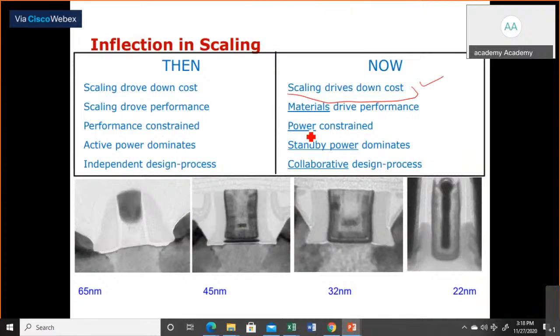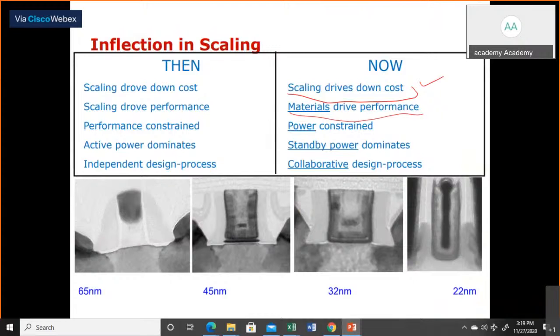Now different kinds of materials are being used, like compound semiconductor materials, such as the combination of silicon germanium, and strain technology. These are the different techniques to improve the performance of a FinFET or CMOS design at nanoscale dimensions.